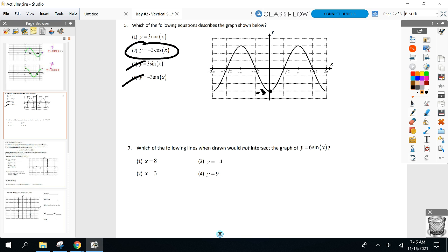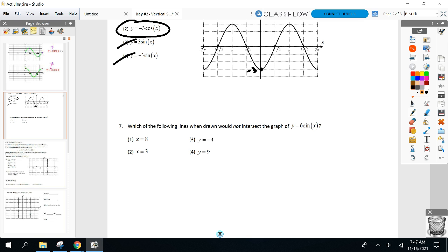Questions? All right, these questions are very common. Number 7. Which one of these lines would not intersect 6 sine x? If you have to draw a quick sketch, do so. You don't have to, but it might be nice to see it visually.